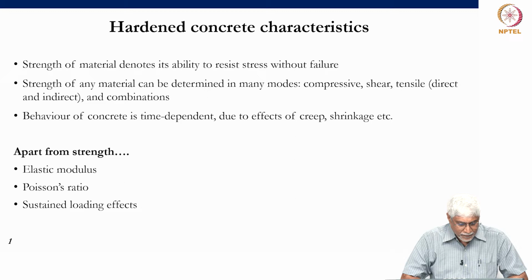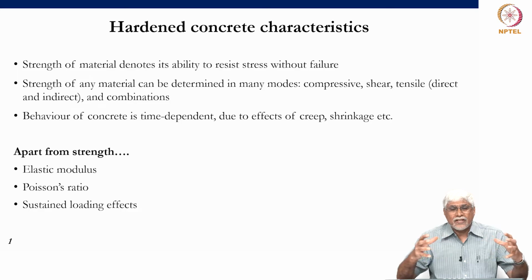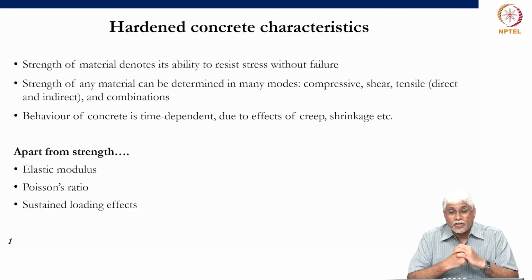Apart from the strength, there are other parameters such as the elastic modulus and the Poisson ratio. Elastic modulus is important because it determines the deformations, the stiffness, and deflections of a concrete element during service. The Poisson ratio determines how much expansion there would be, and it also dictates how much effect confining reinforcement would have.